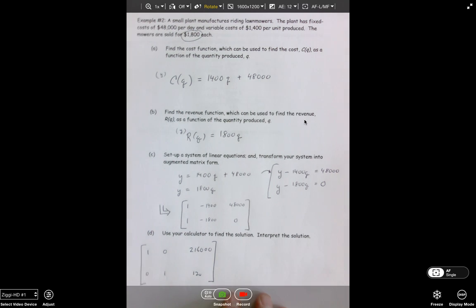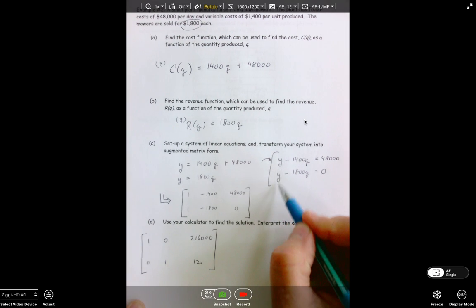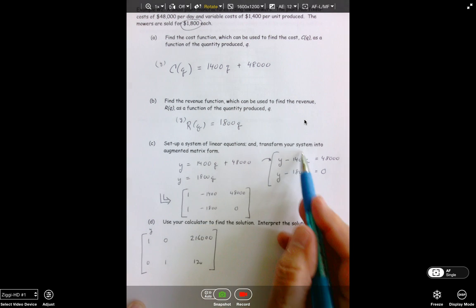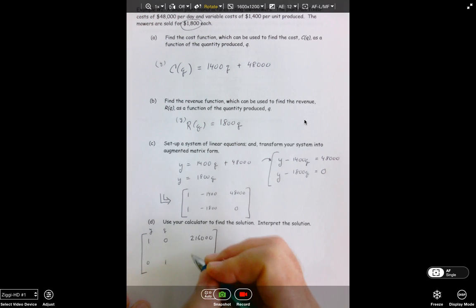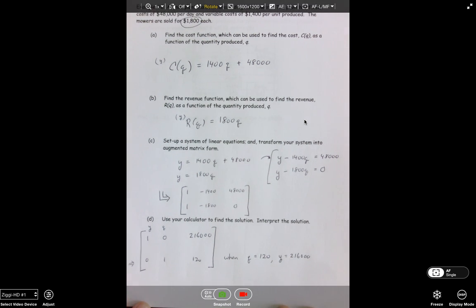Okay? Now, guys, first of all, what was in the position of the columns? Over here, the columns were what? That was my y's. And my second column were my q's. So this was my quantity. So the second one right here tells me when my quantity is 120, my y is 216,000.